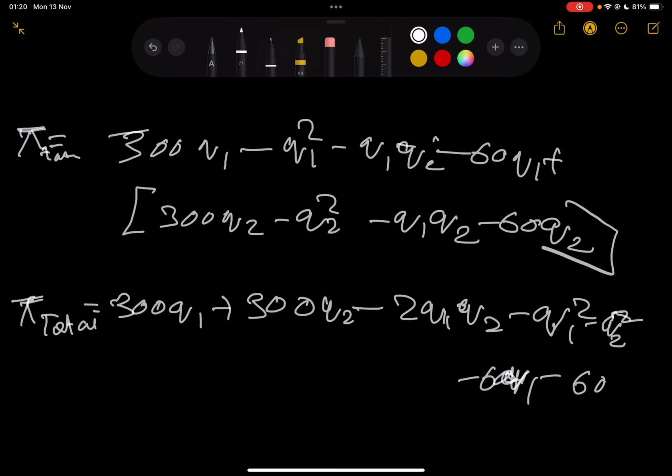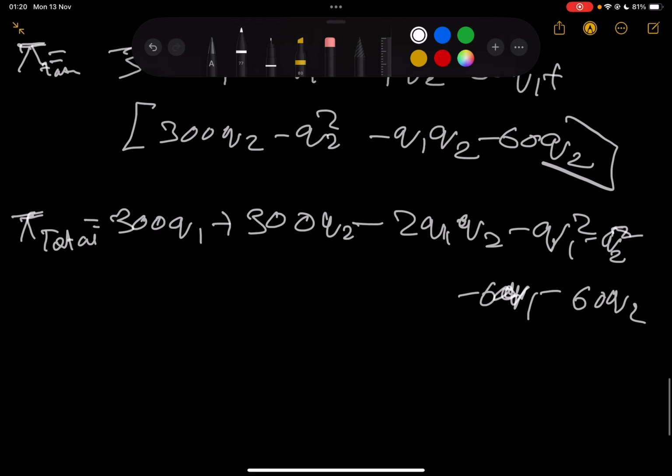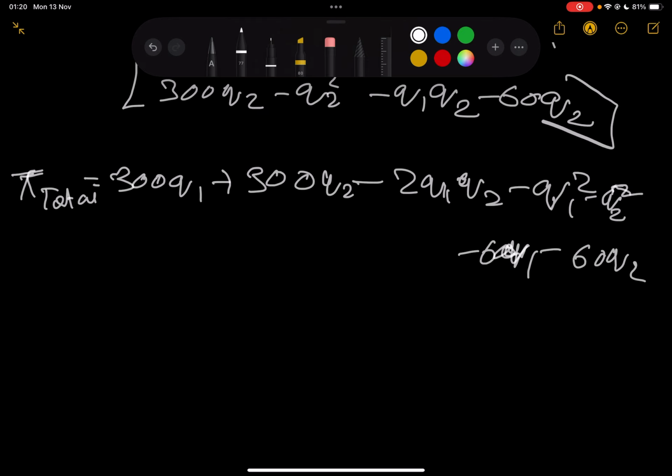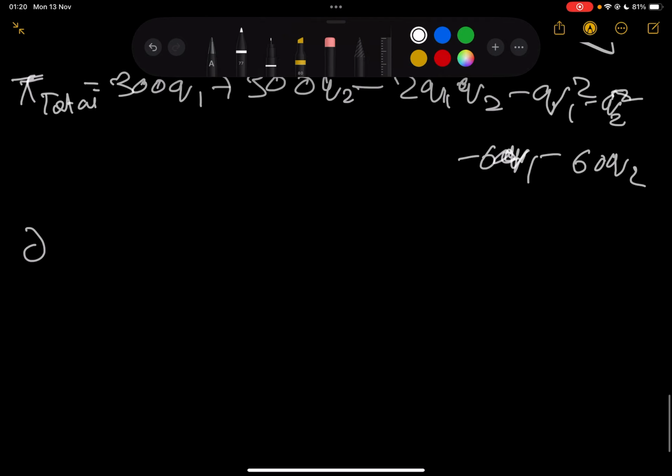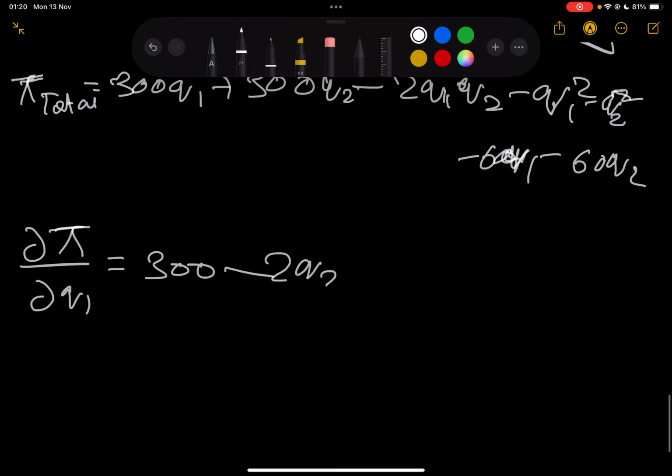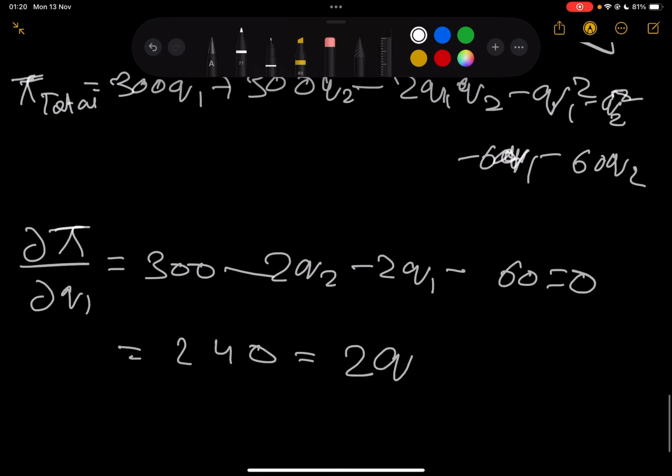minus 60 Q2. Now we're going to differentiate it with respect to quantity 1. It's going to be 300 minus 2Q2 minus 2Q1 minus 60 equals 0. So 240 equals 2Q1 plus 2Q2.